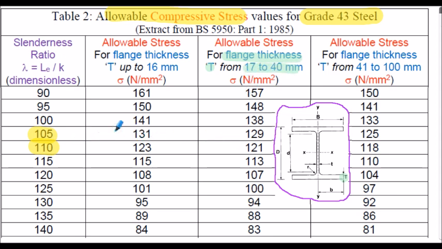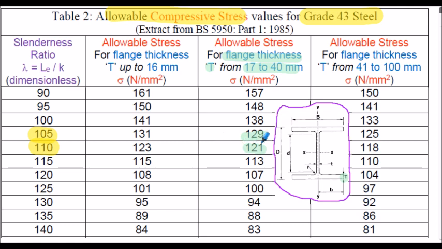So at a 105 slenderness ratio, we have 129 newtons per millimeter squared allowable compressive stress, and at a slenderness ratio of 110, we have an allowable compressive stress of 121 newtons per millimeter squared. So I'm going to make an assumption here that the allowable stress will be 128 newtons per millimeter squared. That's my estimate.